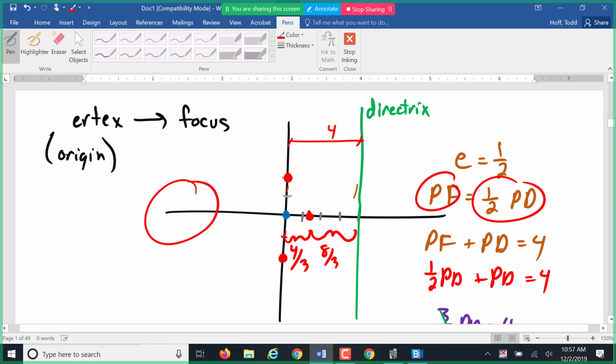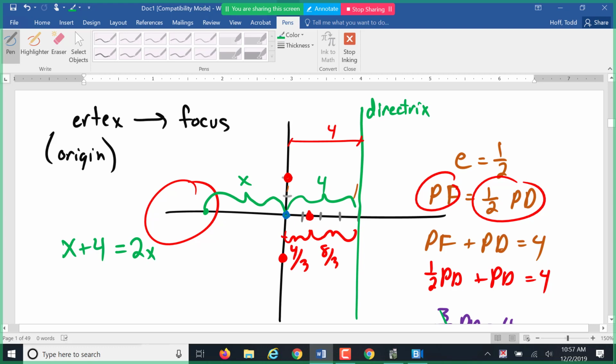Let's go over here. Well, I know that whatever distance it is from my focus to that point, I'm just going to label that distance x for now, just for simplicity. This distance here is 4. So x plus 4 has to be equal to 2x. Whatever distance is from the focus to that point, it'll be 4 more units to the directrix. But the distance from the directrix to that point has to be double the distance from the focus to that point.